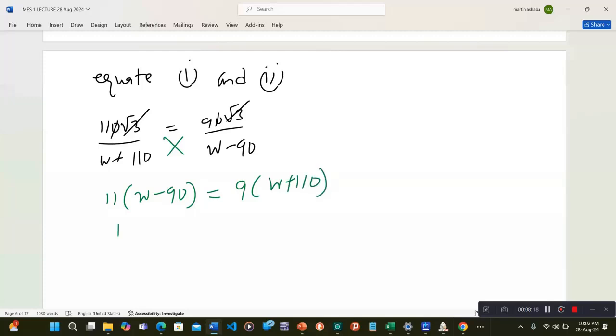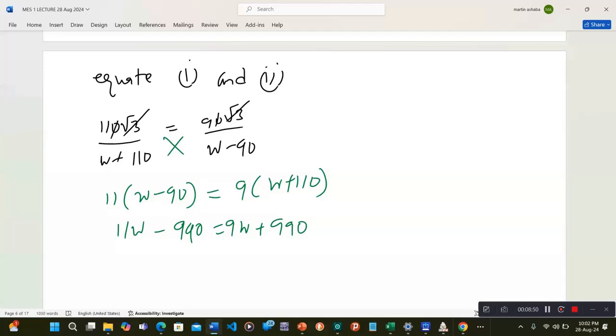So this is 11W minus 90 times 11, 990, which will equal 9W plus 990.